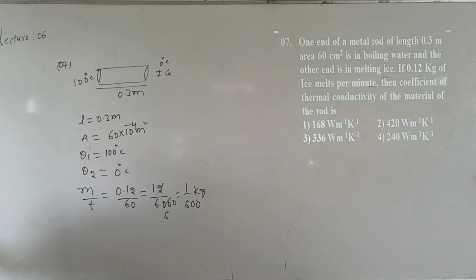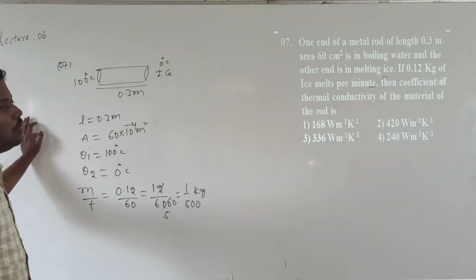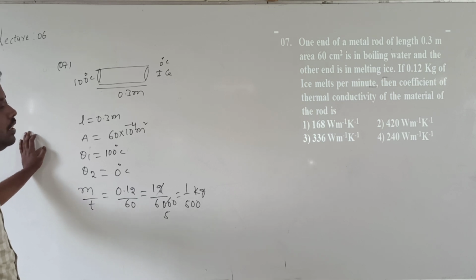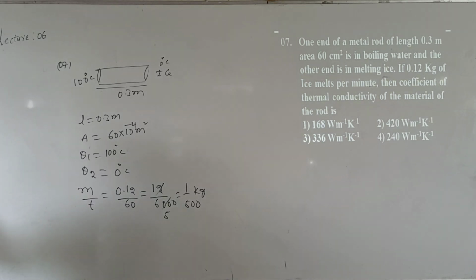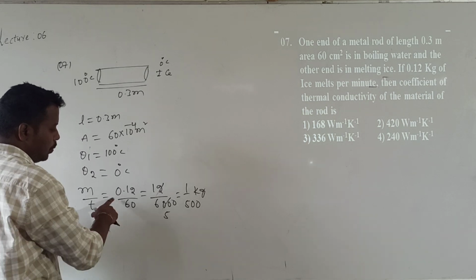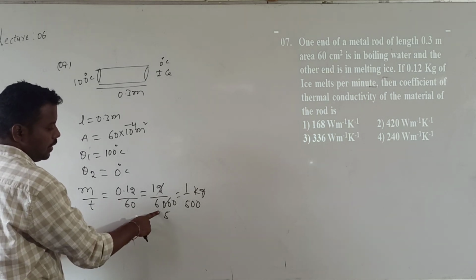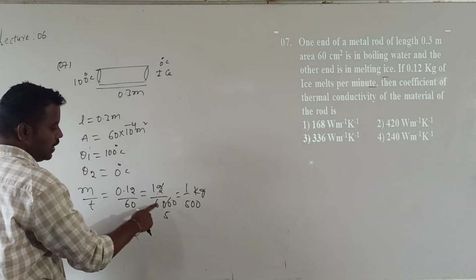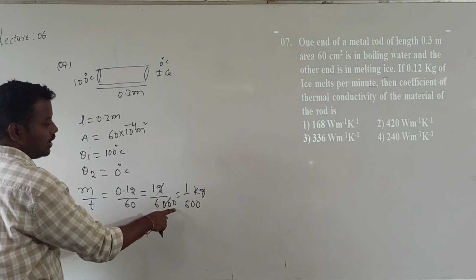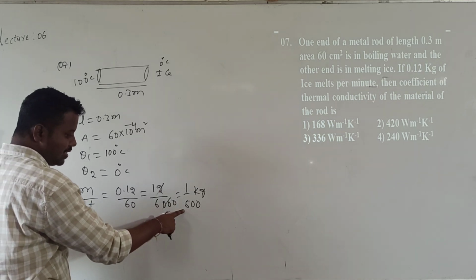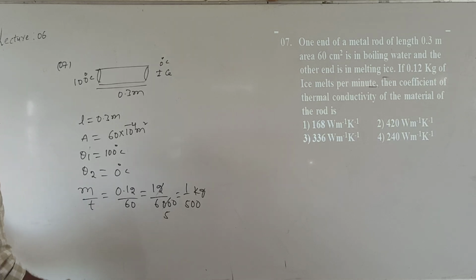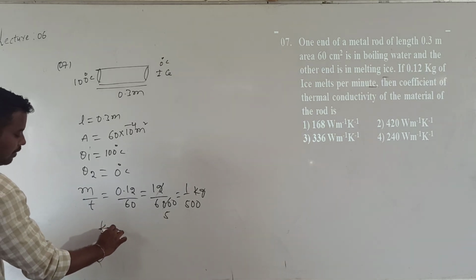So 1 by 500, that is 0.002 kg per second. They are asking us to calculate what is K.